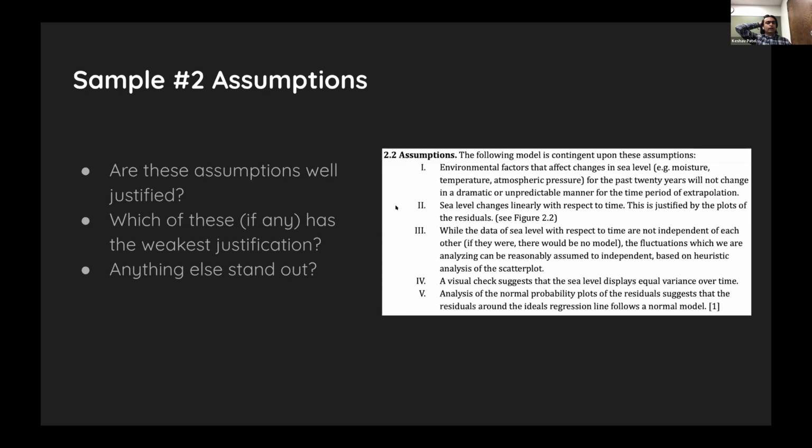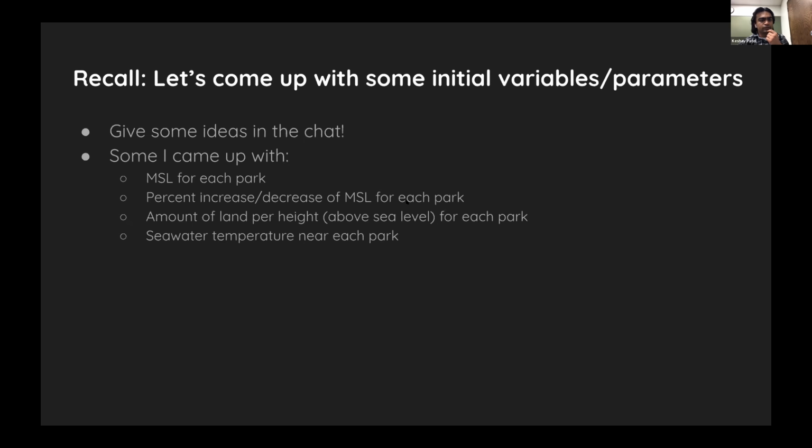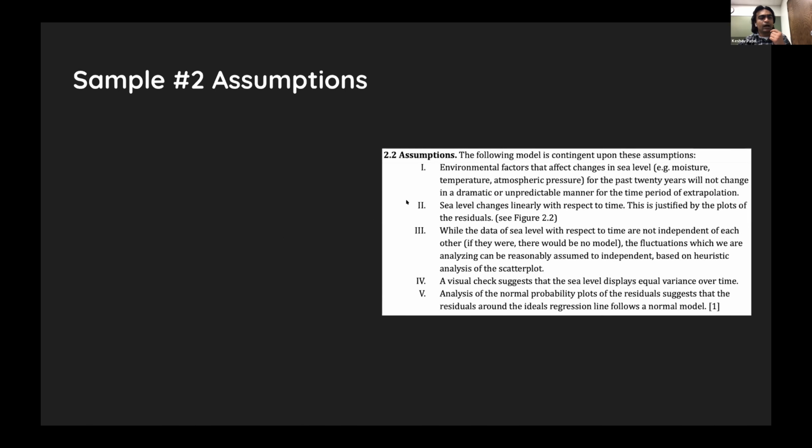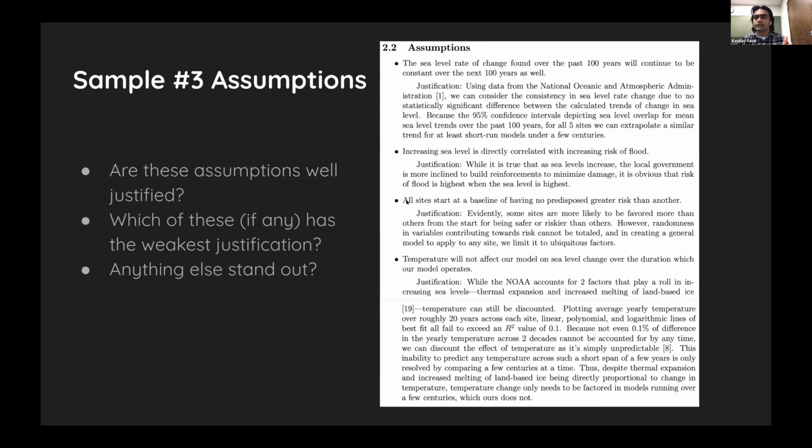So I'll mention right now that I've gone through each of these assumptions, but the 3 samples we're going to be looking at for the rest of today are these. I'm just going to scroll. Sorry. This sample right here is from the number 1 winning solution from this year.